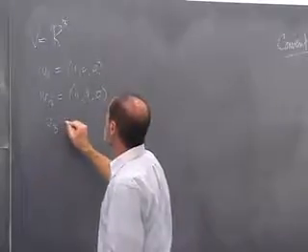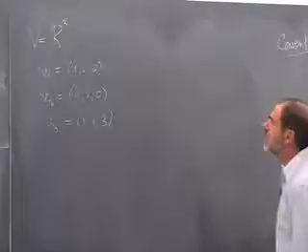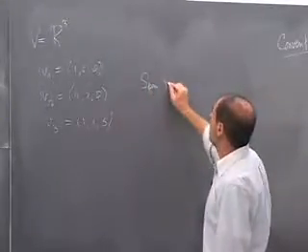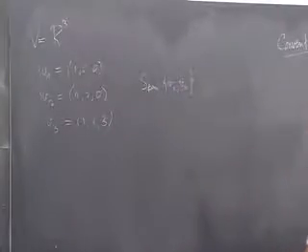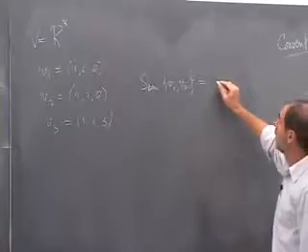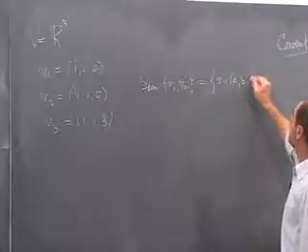And V3 equals 1, 2, 3. Okay. What is the span of the set V1, V2? Well, I claim that's all vectors of the form V equals a, b, 0.